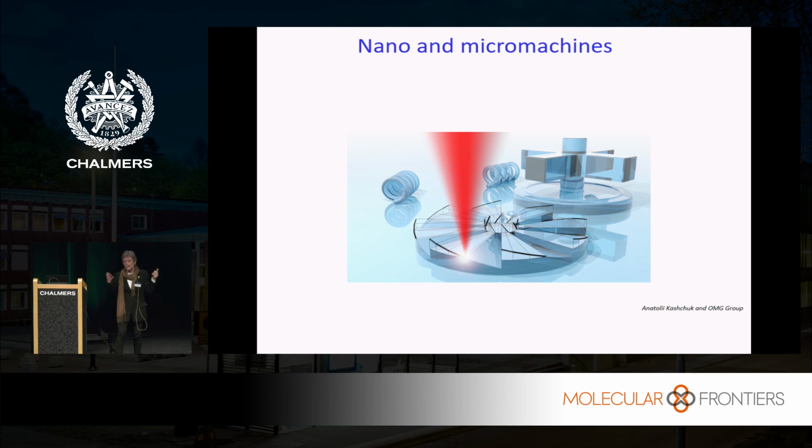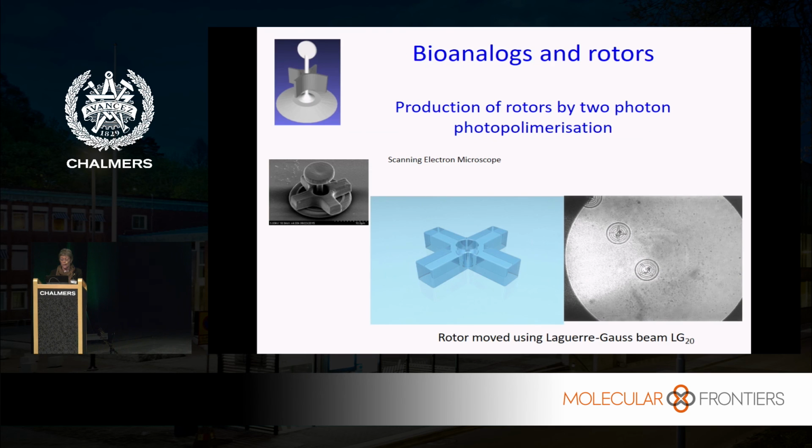So now, how can I use this orbital angular momentum to power nano and micro machines? I can sculpt my light to transfer the maximum of orbital and spin angular momentum to the structures that I'm interested in. How I produce those structures, I can tell you in the question time, but here are the results.